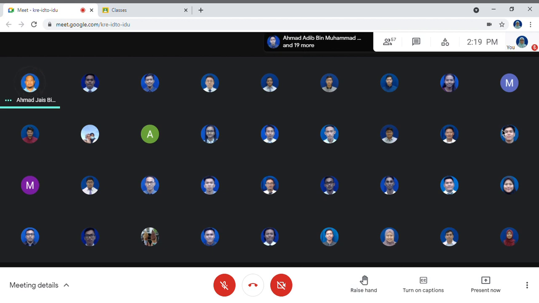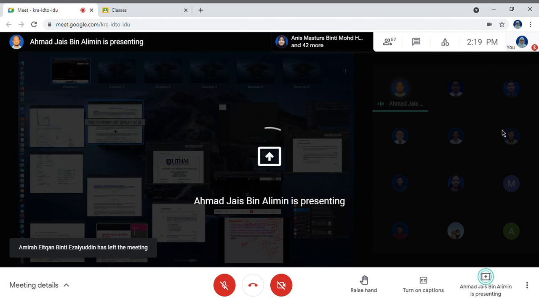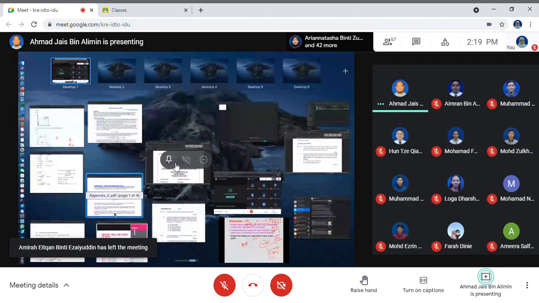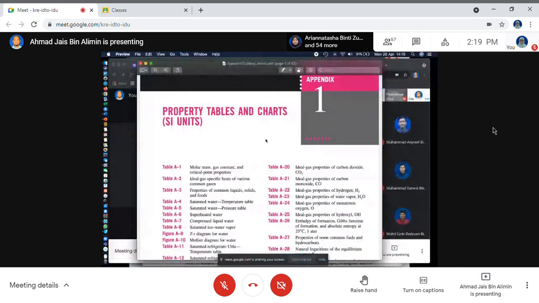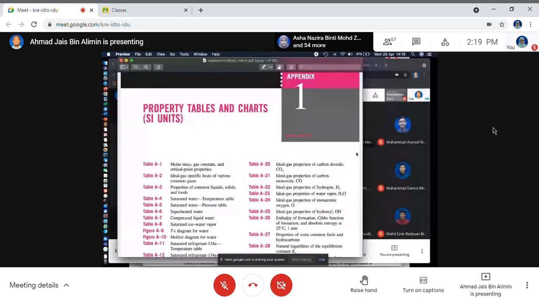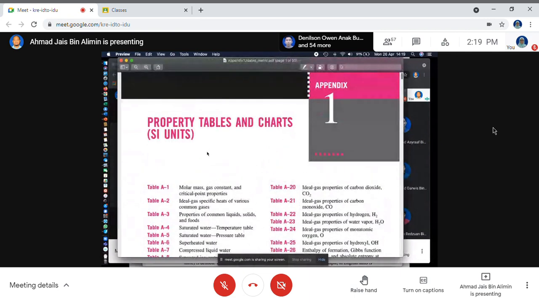Alright, so we are looking at the whole screen. Bila awak nak exam ataupun ambil test, yang ni kita tak bekalkan. Ini yang awak kena bawa ataupun kena ada sendiri.